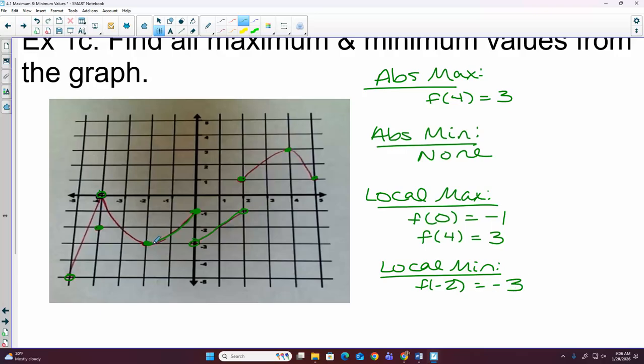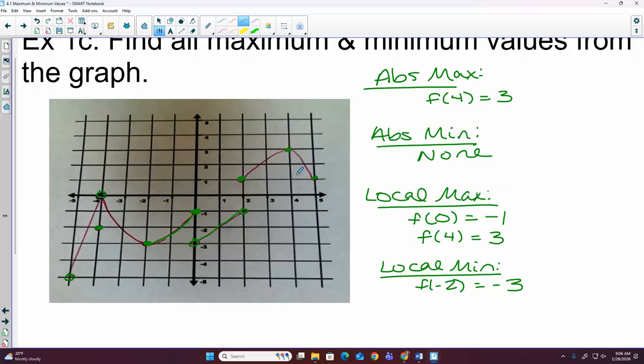Okay. Keep going, this was a max. This one's an open circle, so it can't count as anything. Open circle, so it doesn't count. This one, it's lower than the points on that side, but not this side, so it can't count. The endpoint can't count. But there is actually one other local min on this graph.